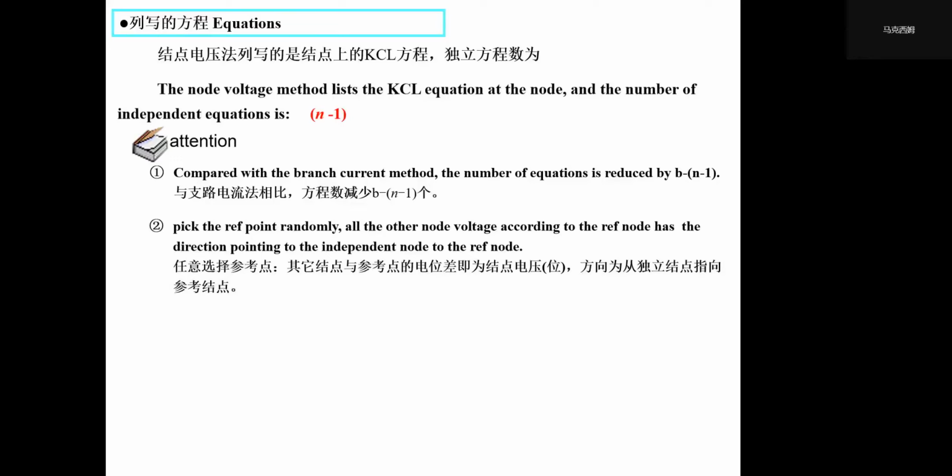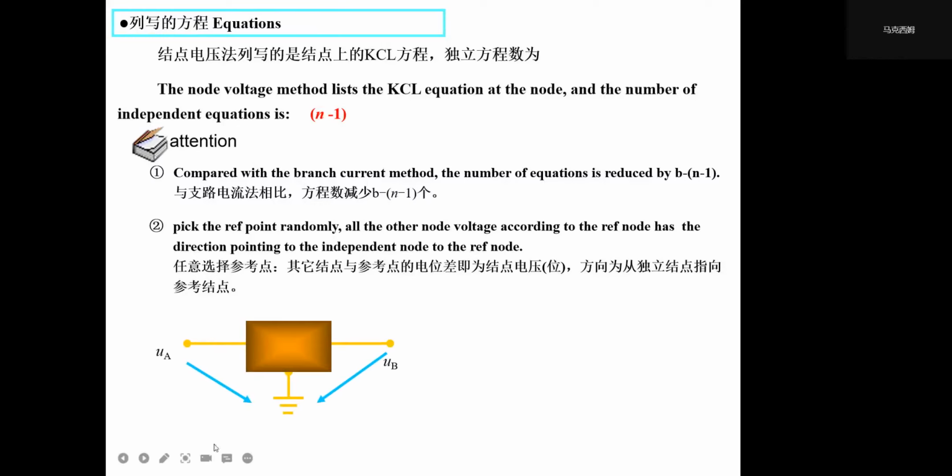So the difference between the voltage of the node we want to know and the voltage of the reference node is the so-called node voltage, and this direction is pointing from the independent node to the reference node.